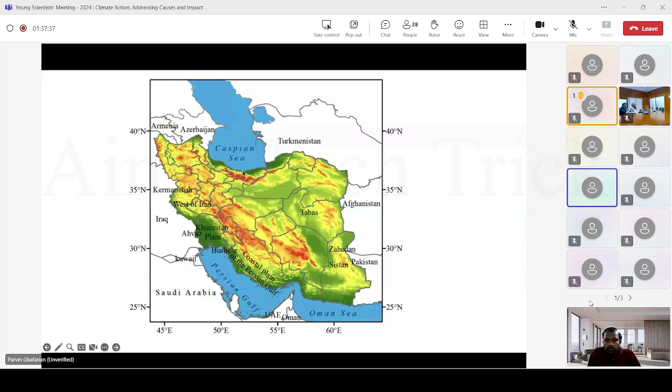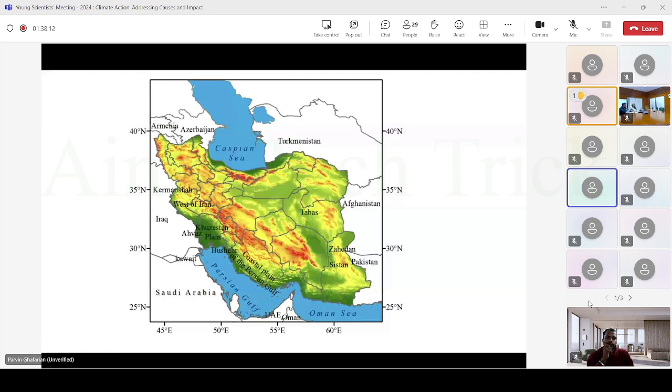The majority of Iran is arid or semi-arid, with the average annual rainfall being around 240 millimeter. The main rainy season is from November to May, with little to no precipitation from May to October. The two main deserts of Iran, Dasht Kavir and Dasht Lut, receive less than 50 millimeter rain annually.